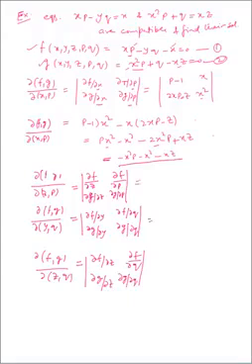So this comes 0, x, minus x, x². So this is 0 plus x², which is equal to x².